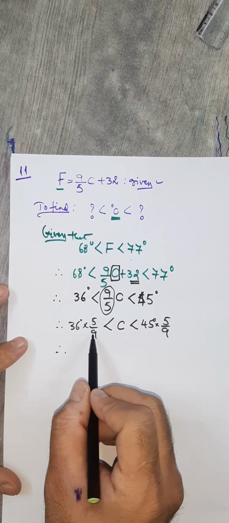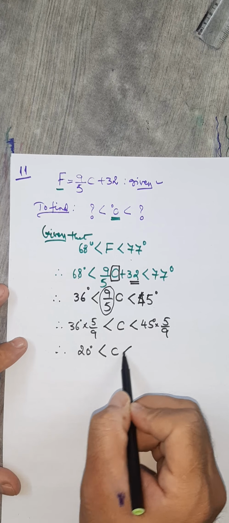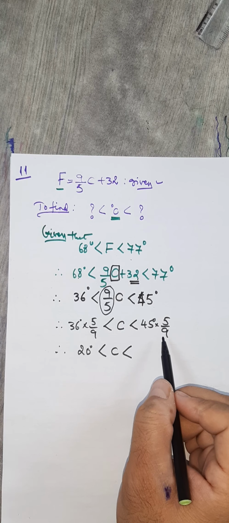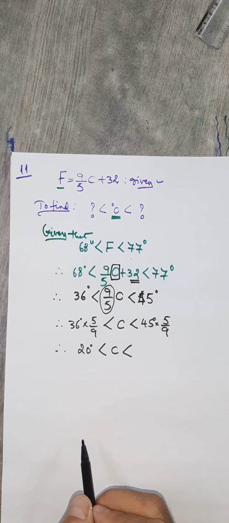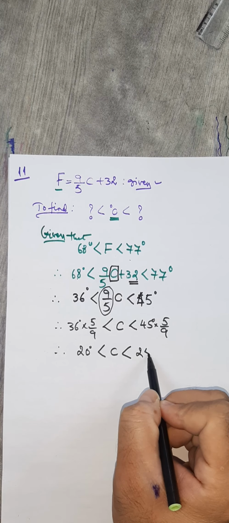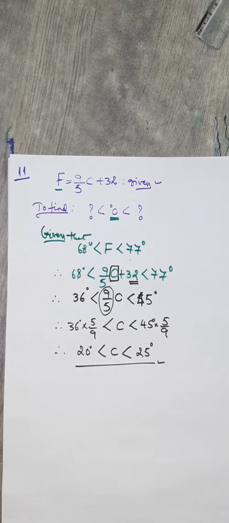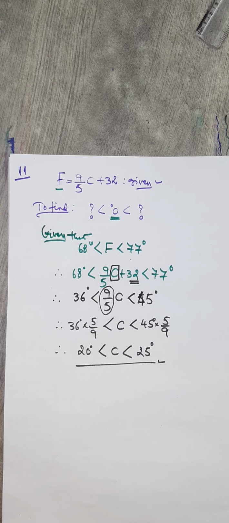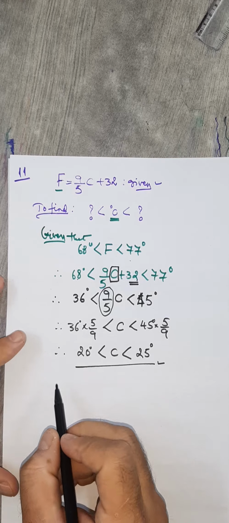So here this is 9 4s are 36. So 20 degree is less than C. Here at this place, 25 degree. So what's the range on C here? The range on degree Celsius would be from where to where?